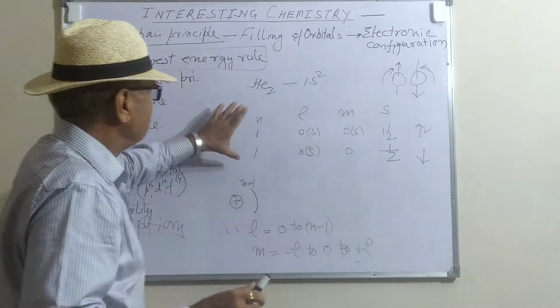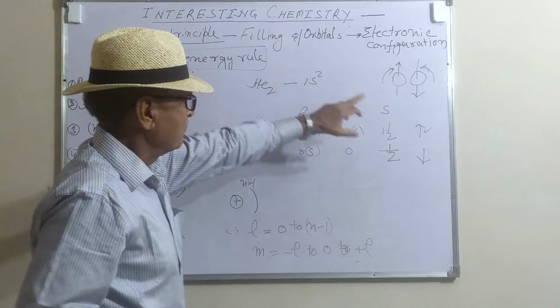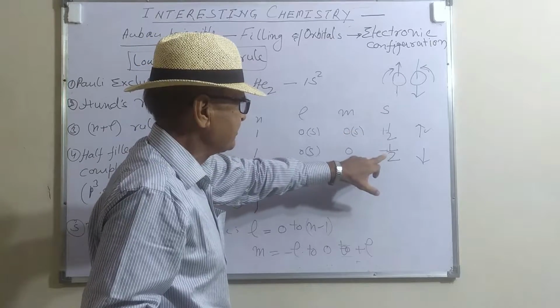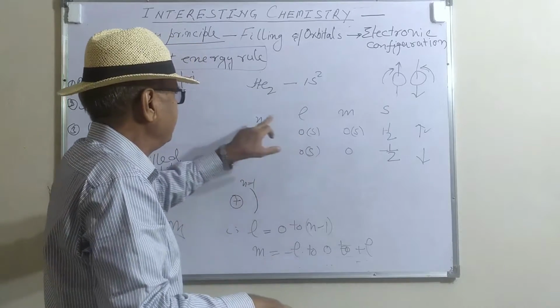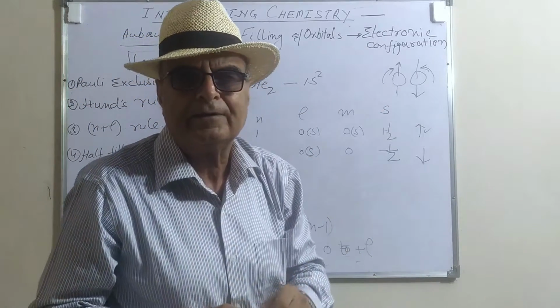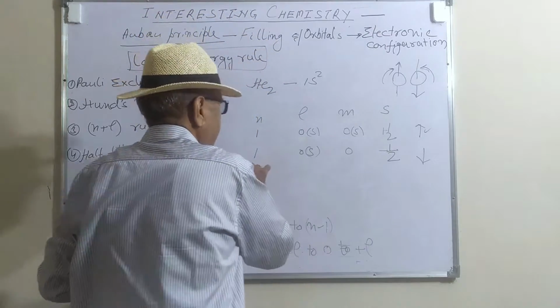In these two electrons, one is spinning clockwise and the second anti-clockwise, and the values of n, l, m are all equal. This is a sufficient example.